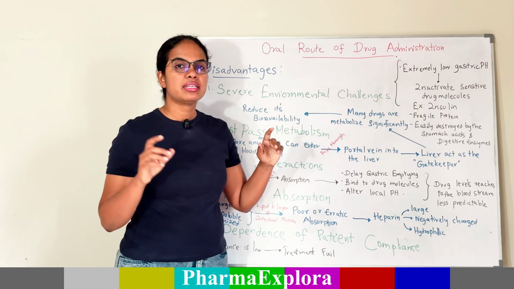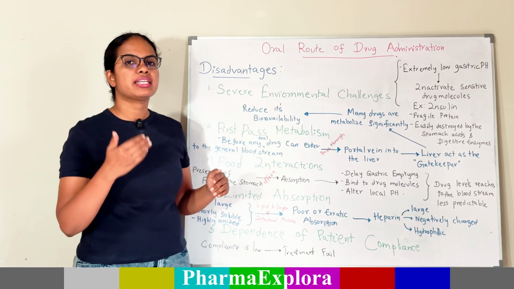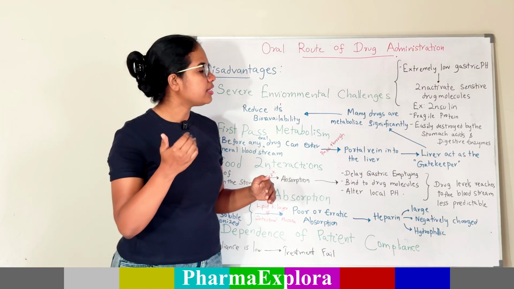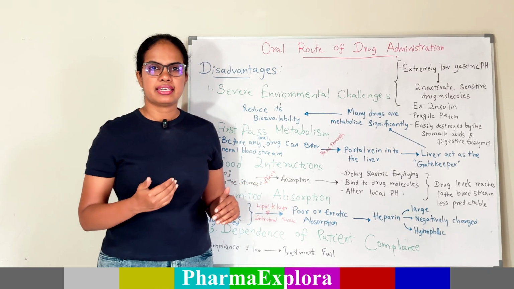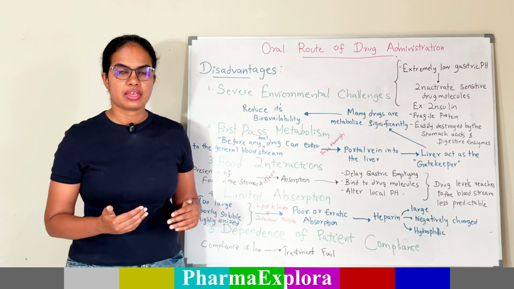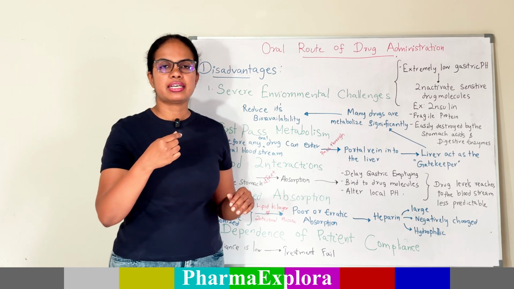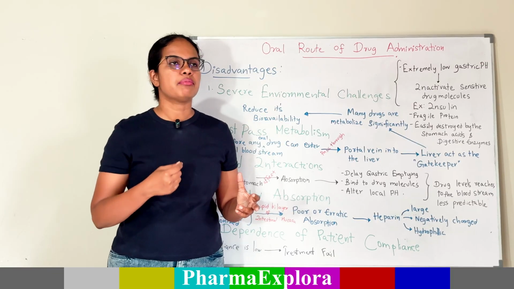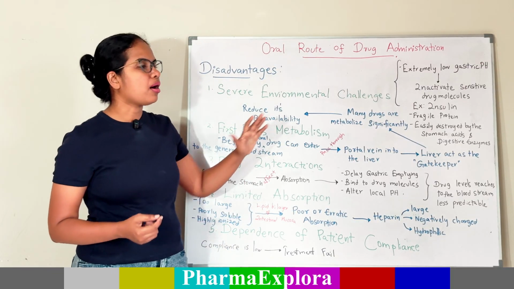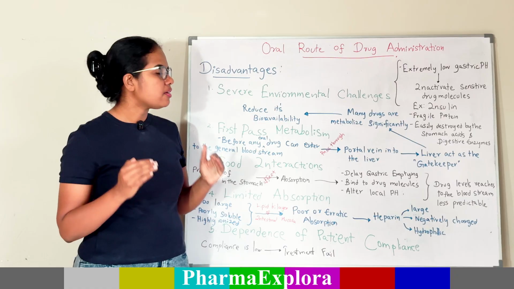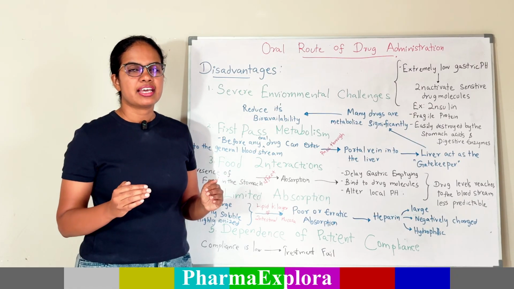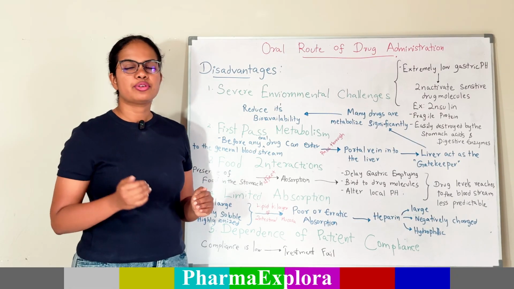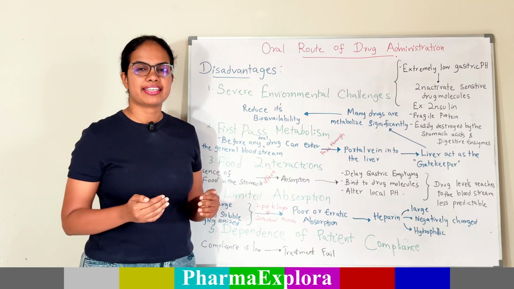Insulin is a fragile protein which can easily be destroyed by the stomach acid and the digestive enzymes. Therefore, we cannot take insulin as a standard pill by mouth. So, this is about the severe environmental challenges that the oral route of drug administration is facing.